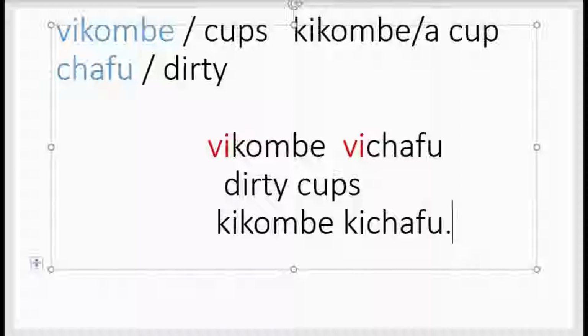And you can see here ki. This is what we mean by the prefix of the adjective having to agree with the noun. We have kikombe kichafu. We have vikombe vichafu.